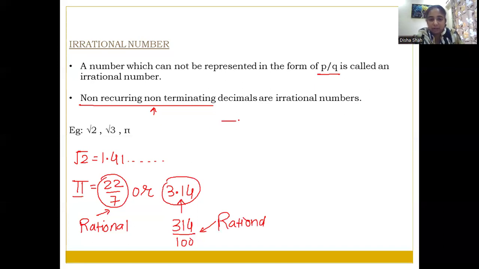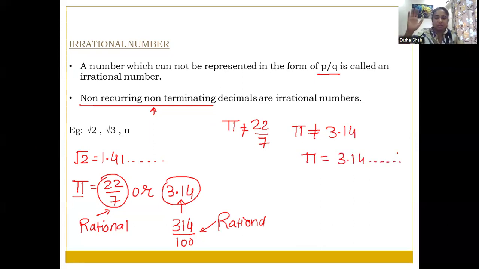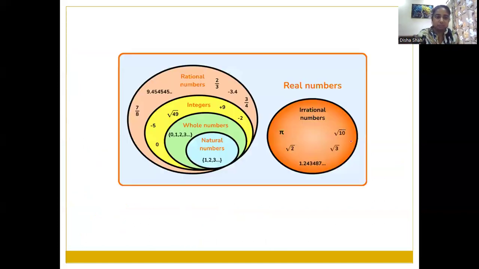Because पाई की वैल्यू actually में 22/7 नहीं है, ना ही उसकी वैल्यू 3.14 है. पाई की वैल्यू तो 3.14 और आगे बहुत बहुत बहुत कुछ लिखा है. एग्जैक्ट वैल्यू ऑफ पाई तो अभी तक किसी को शायद पता भी नहीं है. But क्योंकि हमें कैलकुलेशन करनी होती है तो हमने अपने कन्वीनियंस के लिए सिर्फ इतनी वैल्यूज रखी हैं. But this is not the exact and 100% correct value of pi. ठीक है, and hence pi is an irrational number, period.